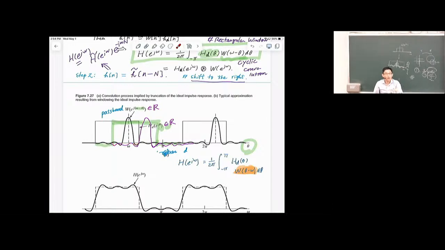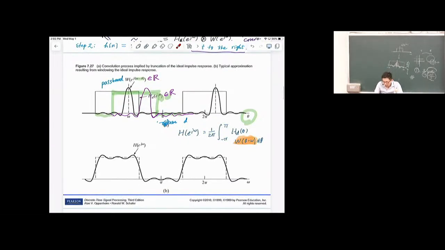Once we shift the main lobe further to the right so that it doesn't overlap with the ideal response, the result of calculating the area becomes small. So can you imagine shifting this thing to the left and to the right and calculating the area? Then this is what you get.